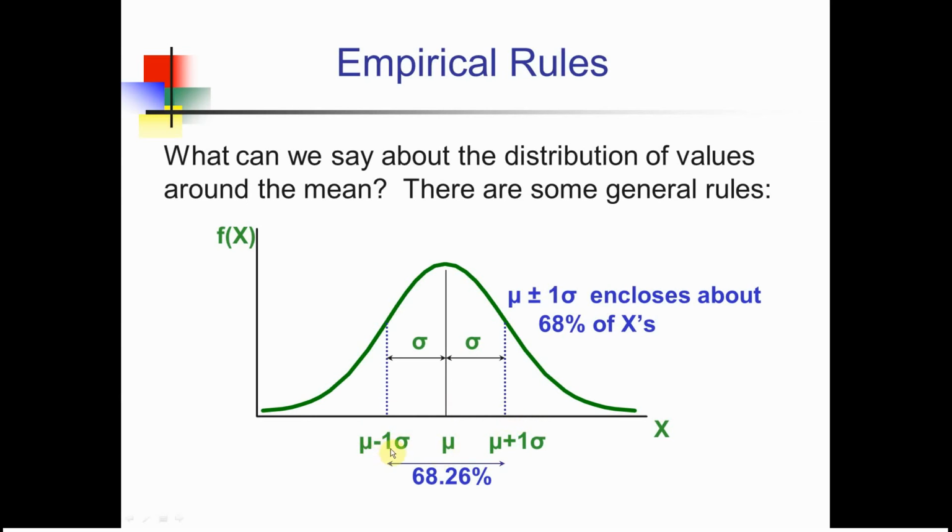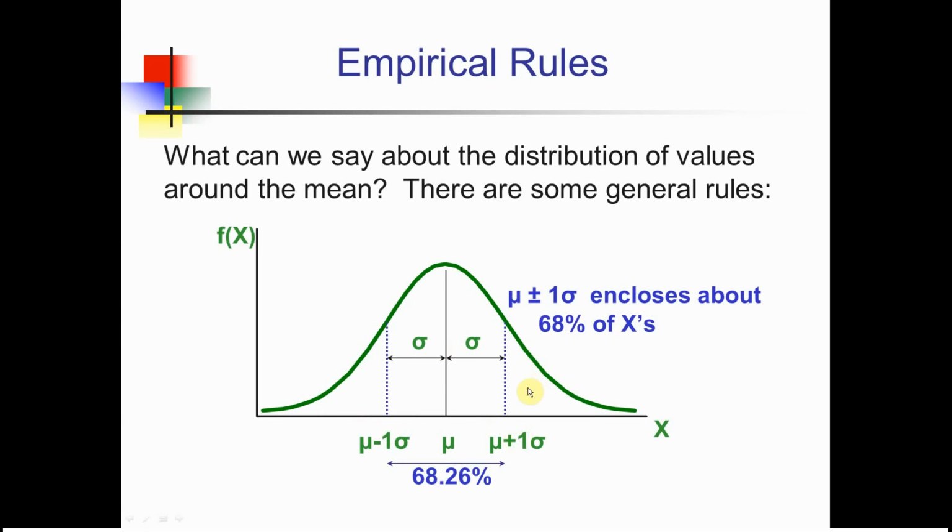So I look at mu minus 1 sigma and mu plus 1 sigma. The empirical rule says that area underneath there is about 0.68, or 68% of the time values go between, 68.26% to be more accurate, that values are within 1 standard deviation of the mean.